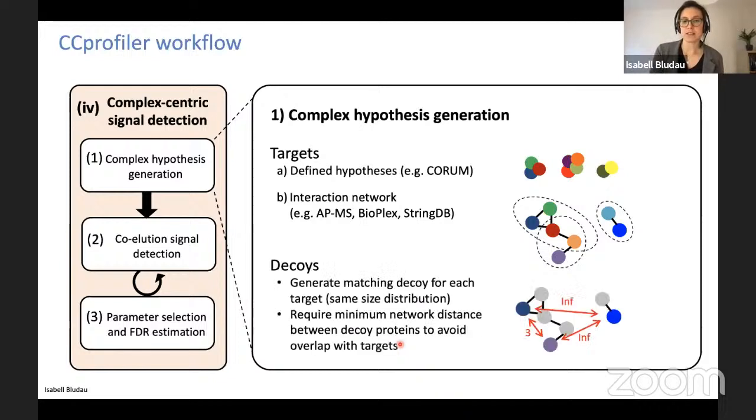Then in the second step, we generate a decoy database with a matching decoy for each target. What we require is that the proteins in such a decoy complex are not physically interacting or grouped together in any of the target complexes.